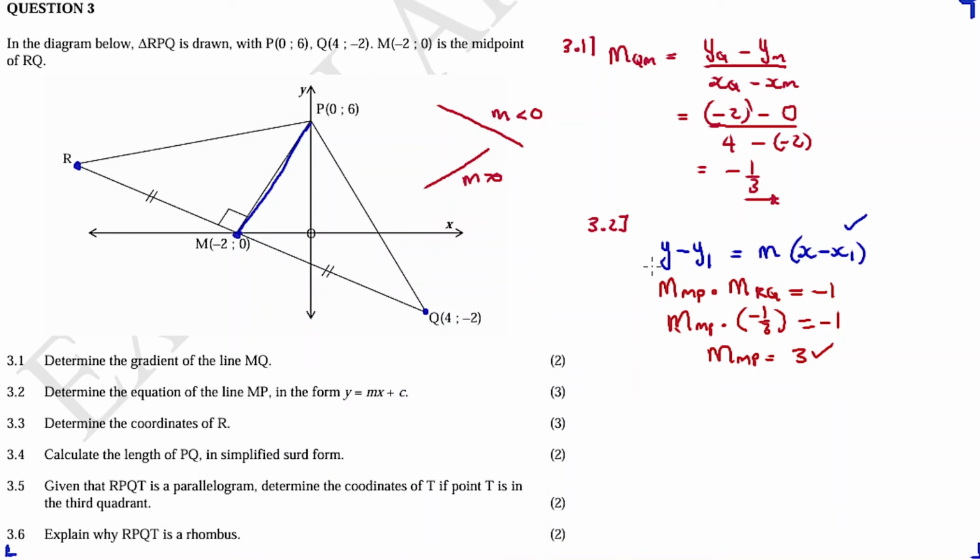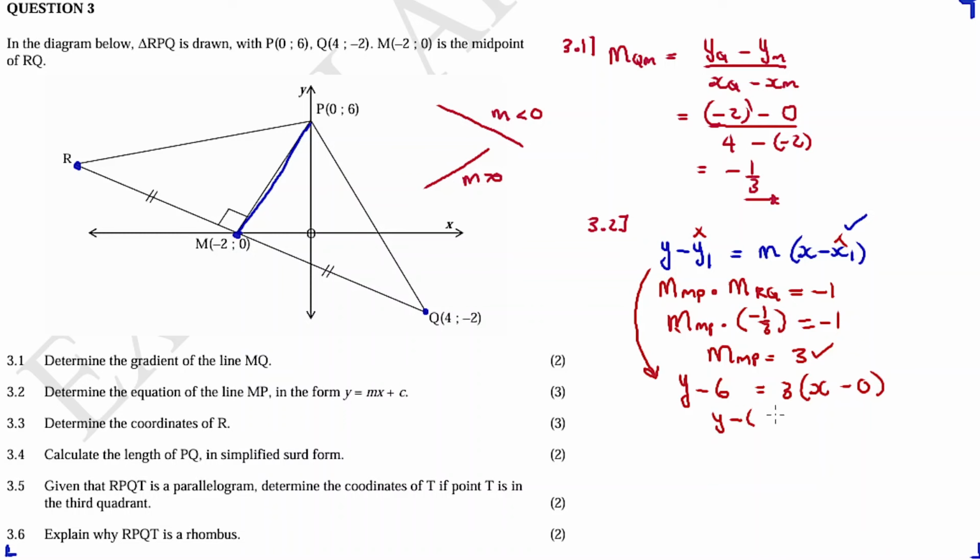Now we can go back to this equation and substitute any point. We can use P or M, but for this one I'm going to use P. So I say y minus y1, where y1 is 6, equals the gradient 3 times x minus x1, and x1 is 0.